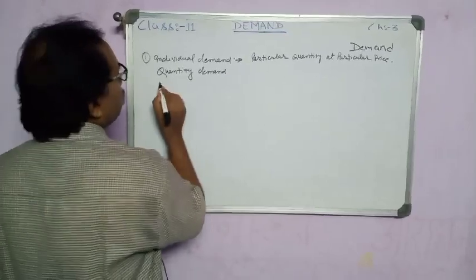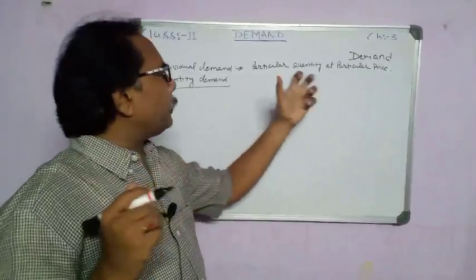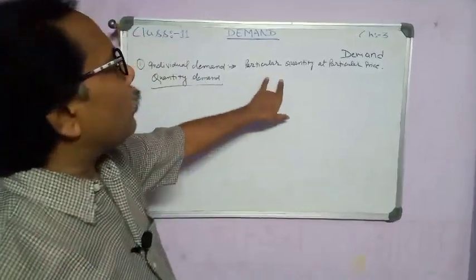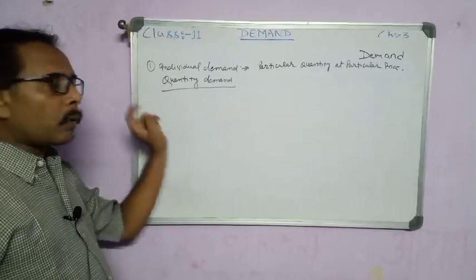It is also known as quantity demand, because a consumer is willing to buy a particular quantity at a particular price, and that's why it is known as quantity demand.